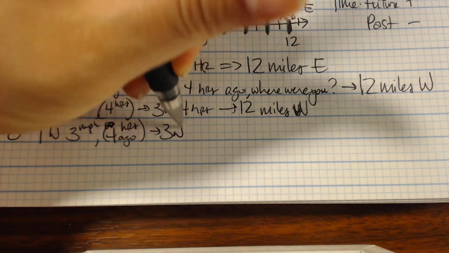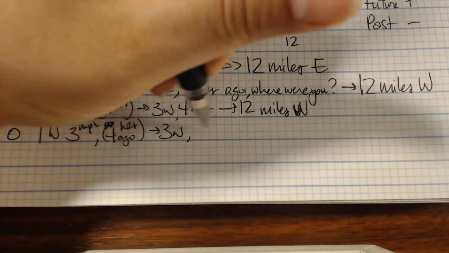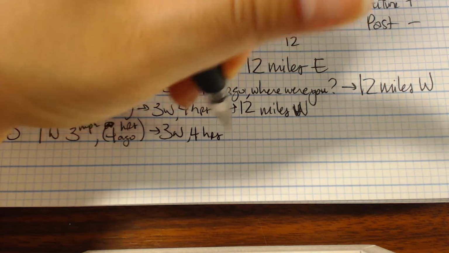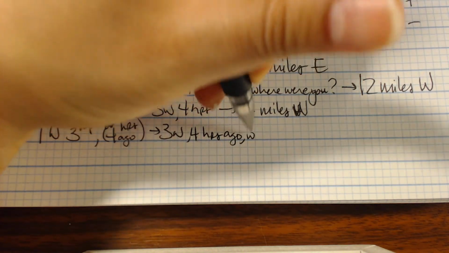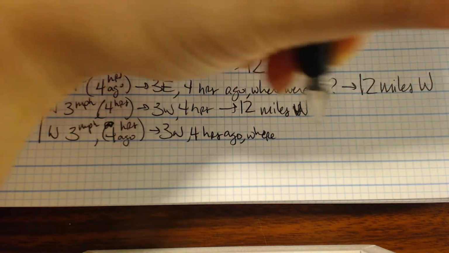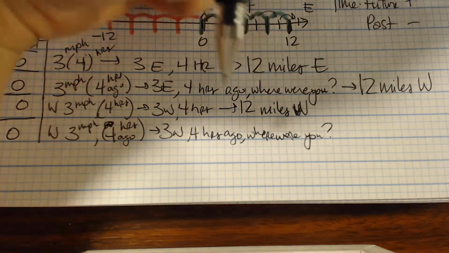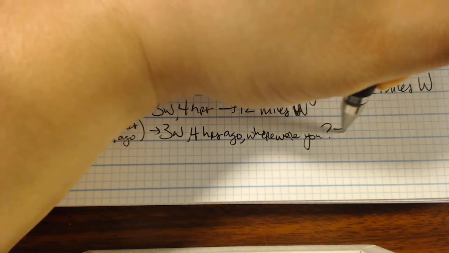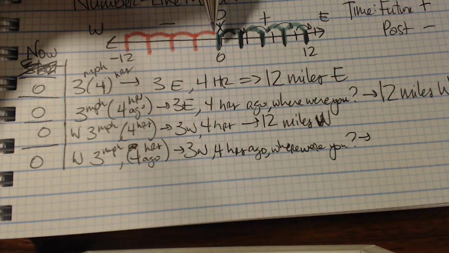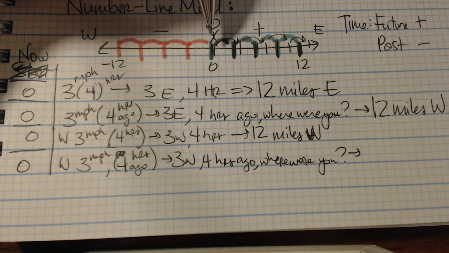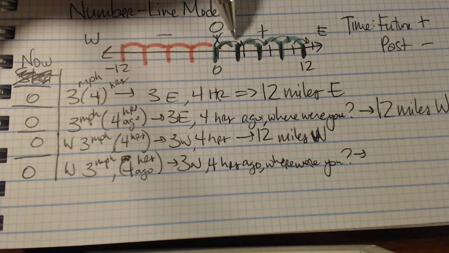So you're going 3 west. 4 hours ago, where were you? So let's figure this out. You were at 0 and you were moving west.